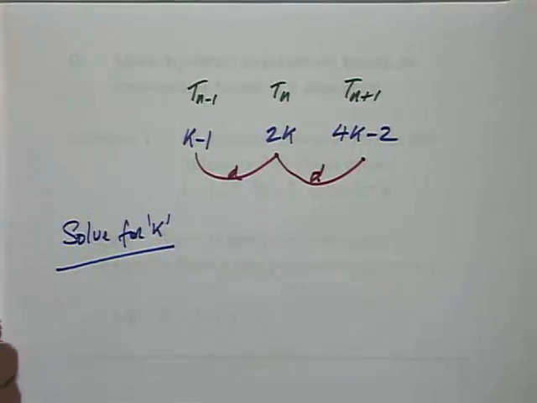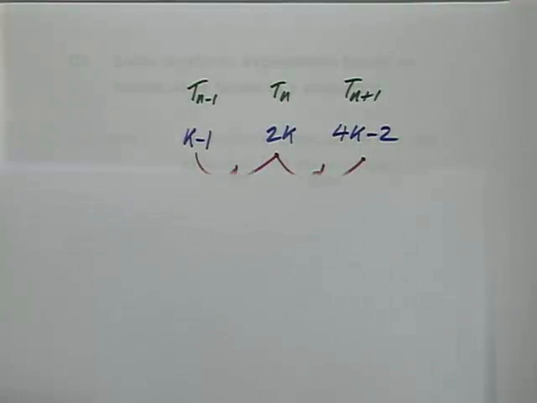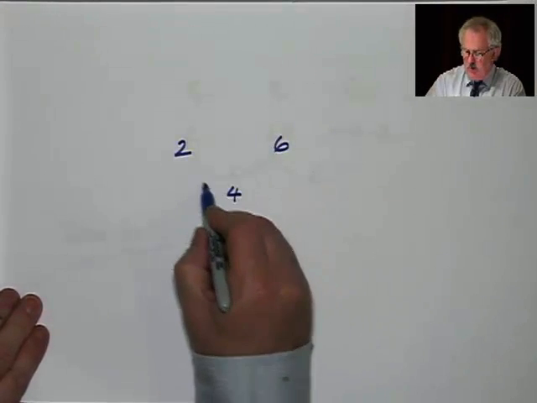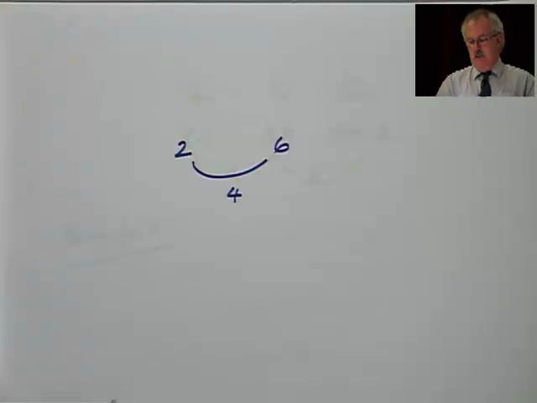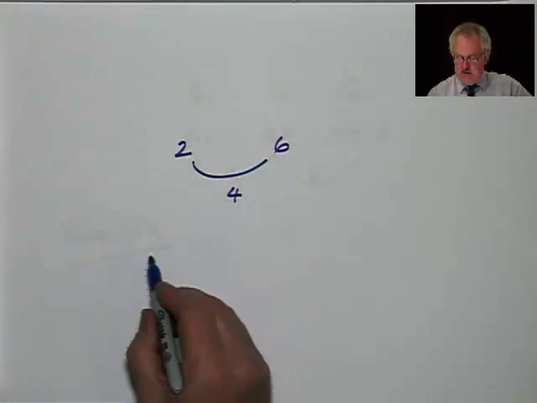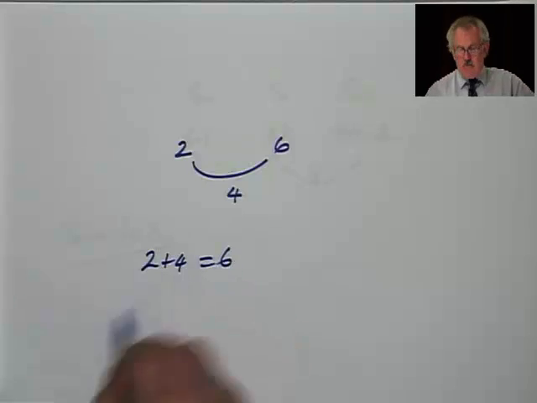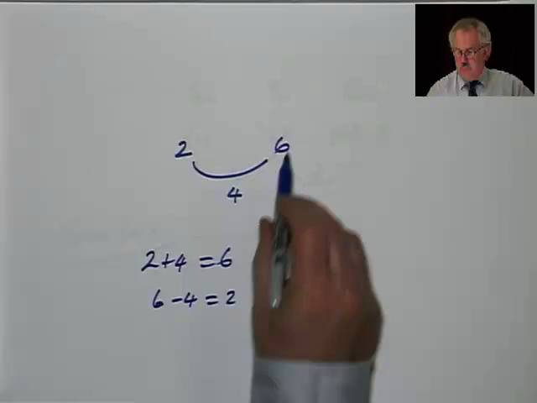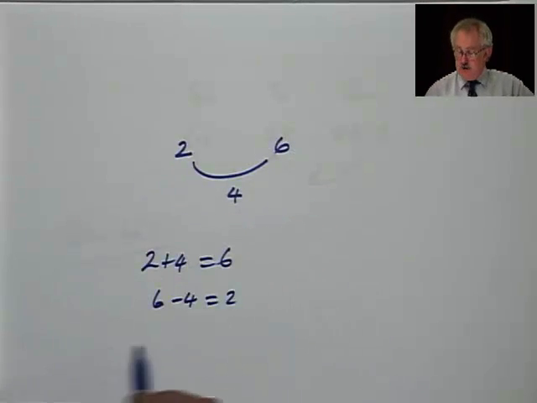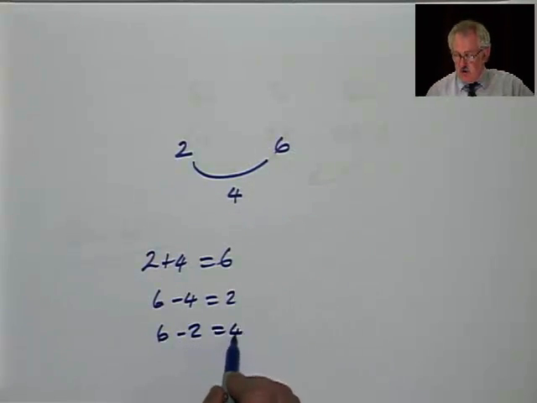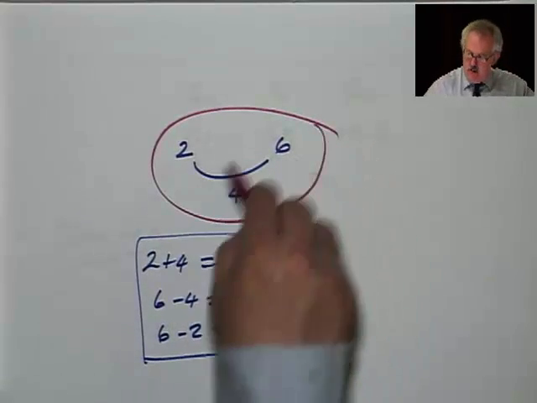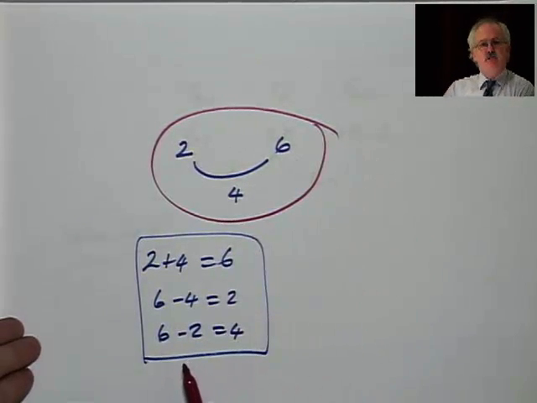So just take time out for a second here, back to mathematics. If somebody said you had 2, 6, and 4, you'd say 2 plus 4 is 6. You might also say 6 minus 4 is 2. But you could also say 6 minus 2 is 4. So in that tiny representation, we have 3 different equations.